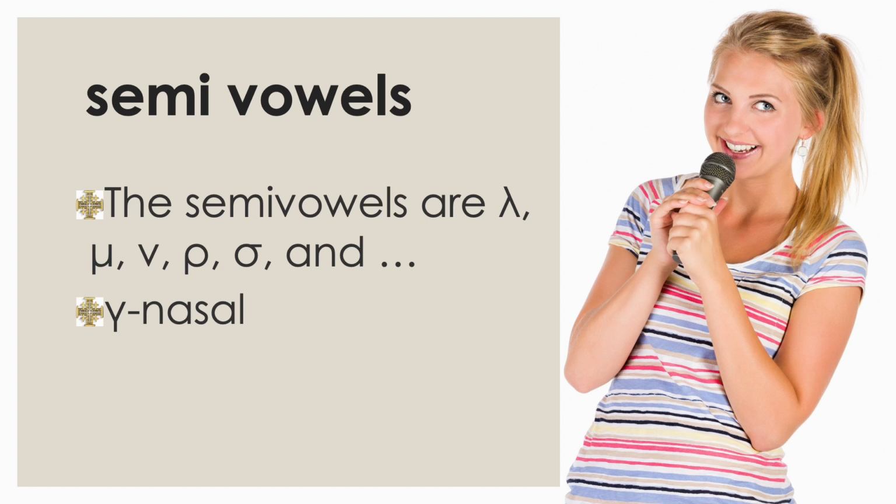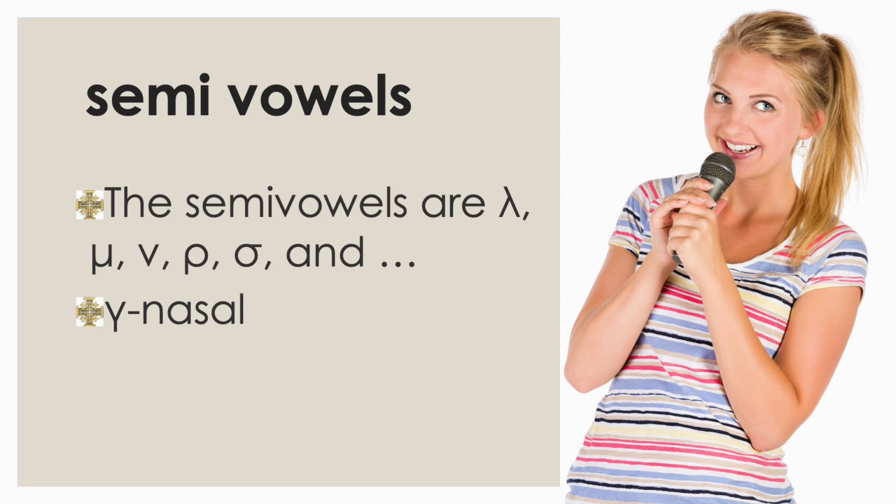A consonant is the opposite of that, where there is a stop and a friction in the way that the word is said. Now, semivowels in Greek fall in between the two.